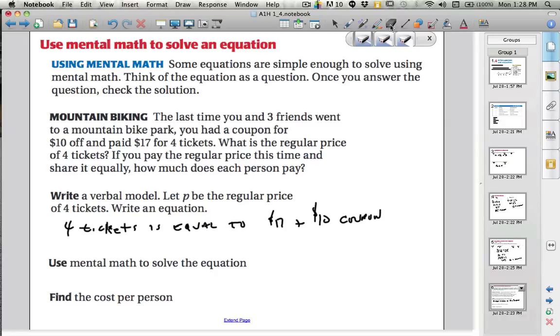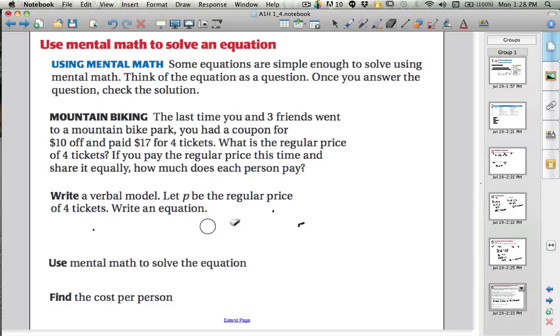Or I could write it another way: $17 is equal to 4 times the amount of tickets minus $10.